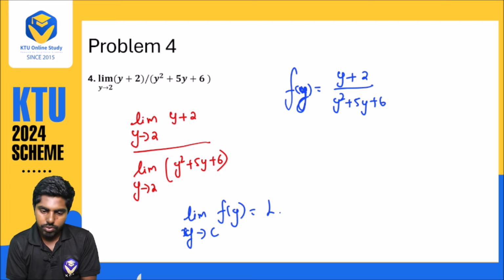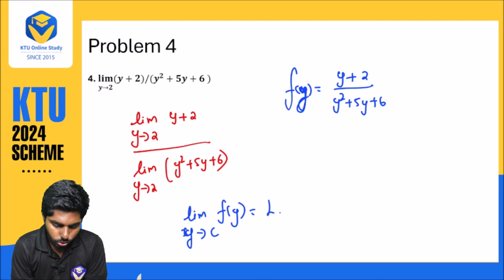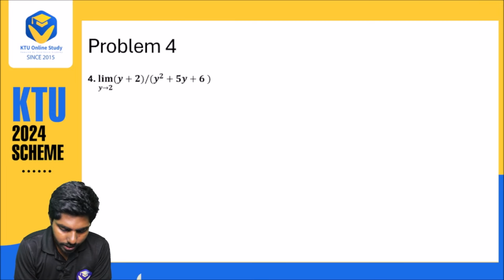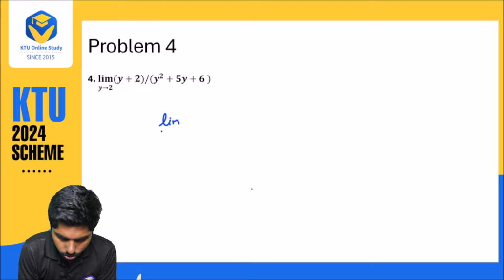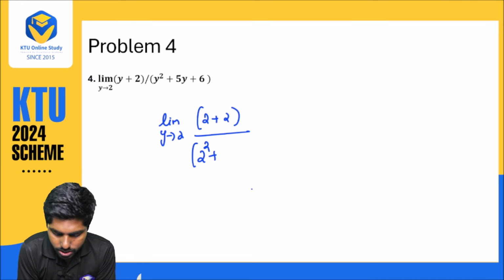We can also write f of x, but here every symbol is y, so that is the reason I am representing it in y form. Okay, so now just apply the 2 everywhere. When you apply limit y approaches 2, that is here 2 plus 2 divided by, here we will be getting 2 square plus 5 into 2 plus 6.